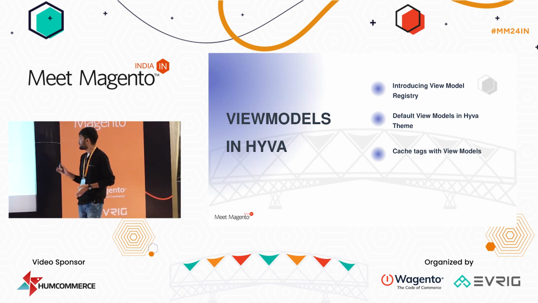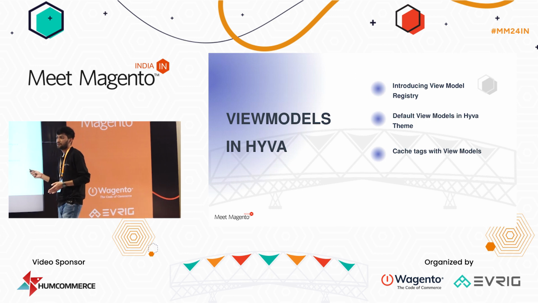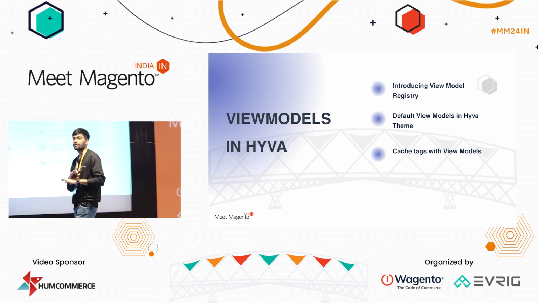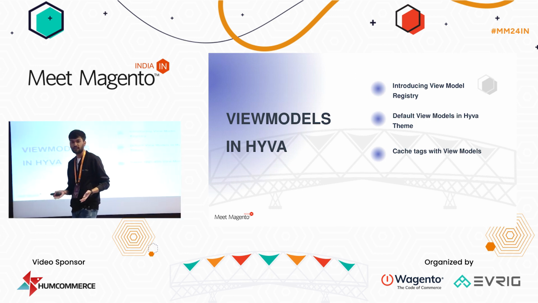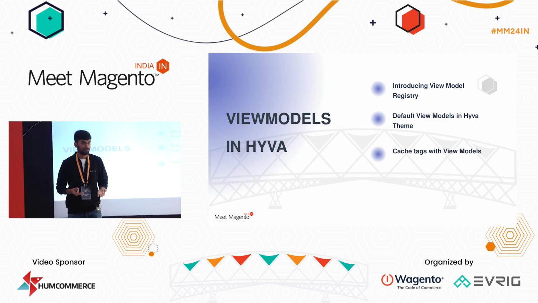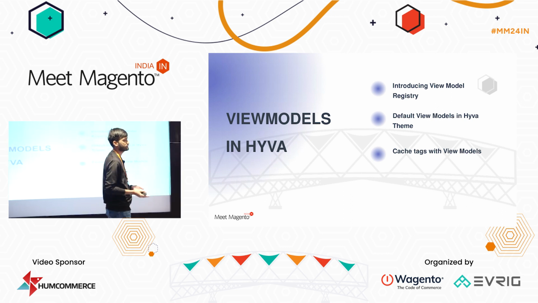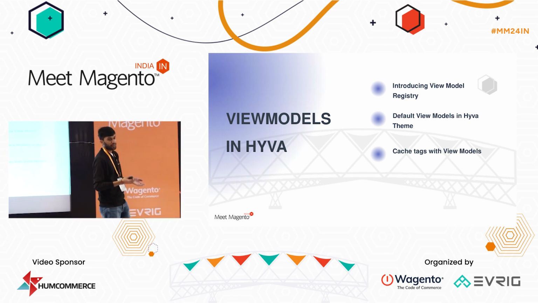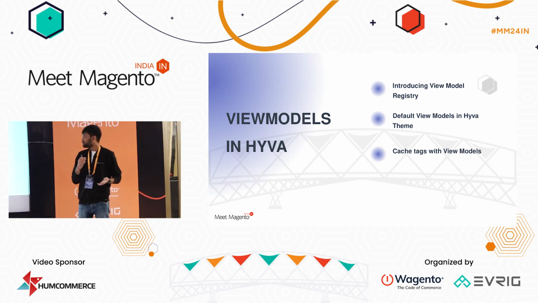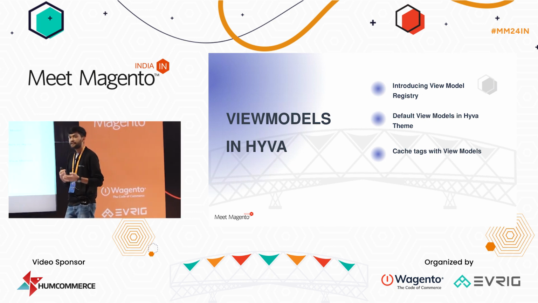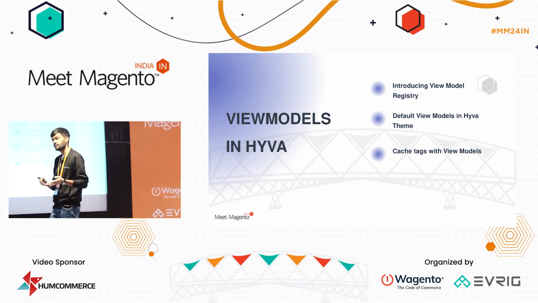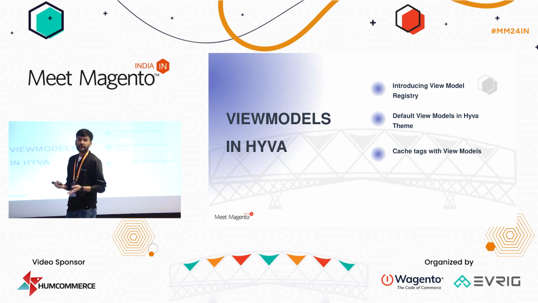And talking about view models, I said we have not used block classes, right? So now the question arises, if we need to add cache tags and everything related to cache, how are we going to do it? For that, Hyvä has also introduced a way. You just implement the identity interface that Magento by default adds in a block class.